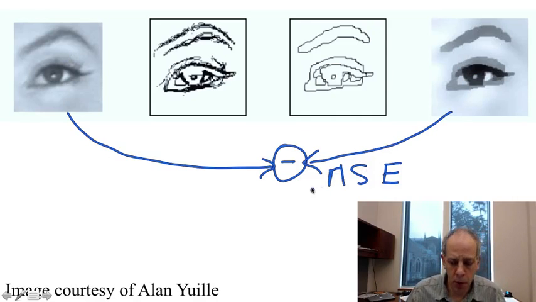Now you might wonder, okay, if you're going to penalize for the mean square error, why not keep the image itself? That's very clever, but we don't achieve any segmentation. So how do I know I don't achieve any segmentation? Because I'm going to add a term that penalizes for having too many boundaries in the segmented image.